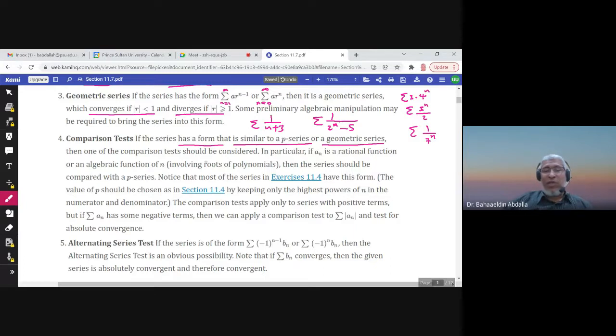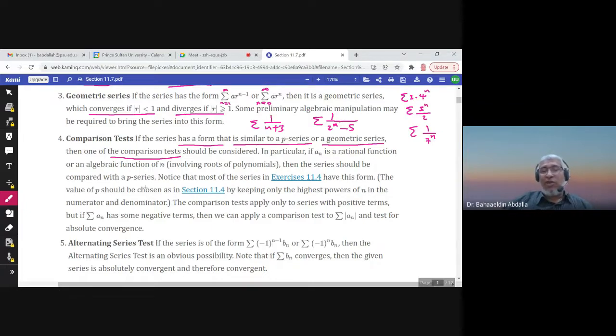If it is, then you can use the comparison test, because we use the comparison test when we want to compare the series with a geometric series or a p series. And the comparison test says that if the series is less than a convergent series, then it is convergent. So less than a convergent p series would be convergent.